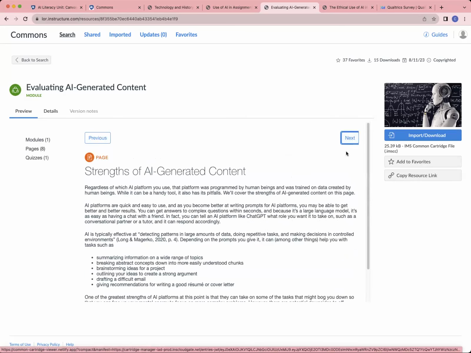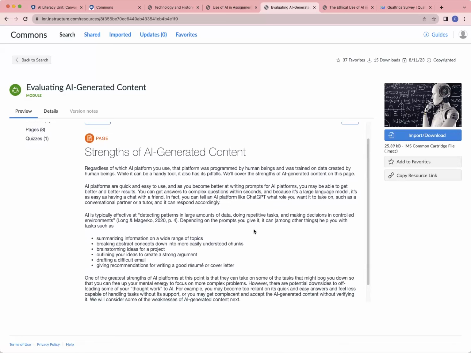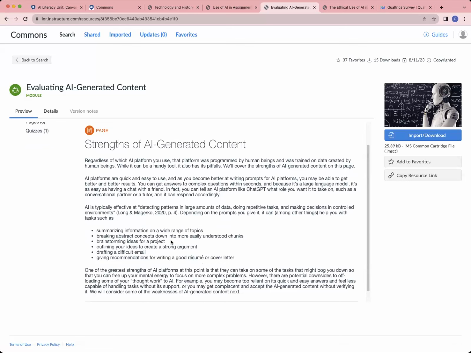I think the modules take a pretty balanced approach to what the strengths of the content are. There are a couple of things that we know AI is very good at, such as summarization and brainstorming ideas for a topic.